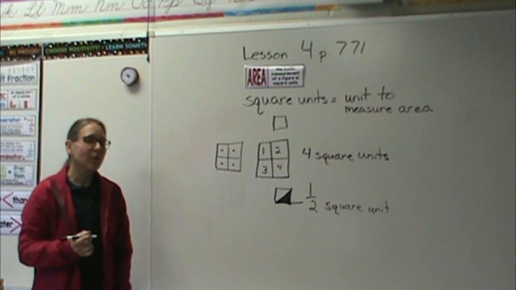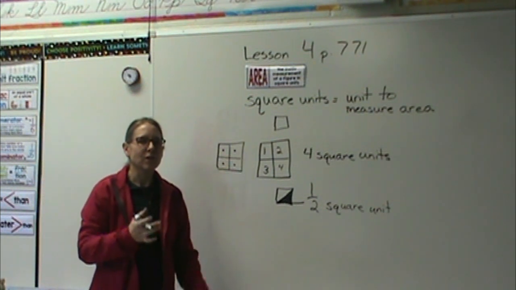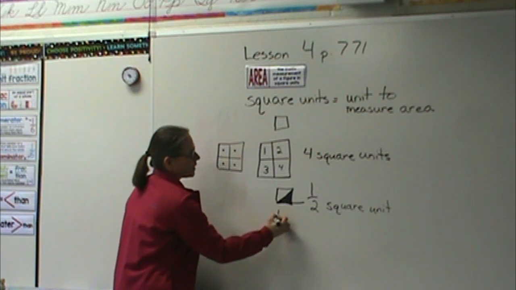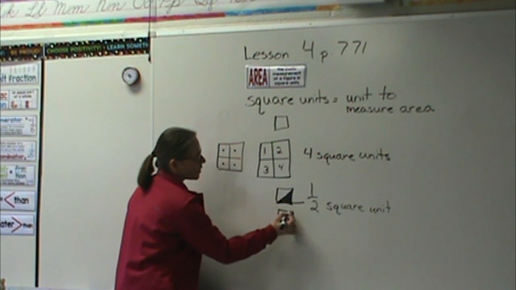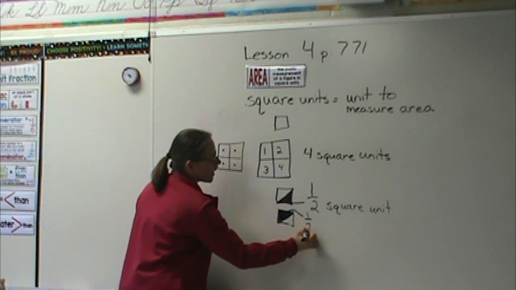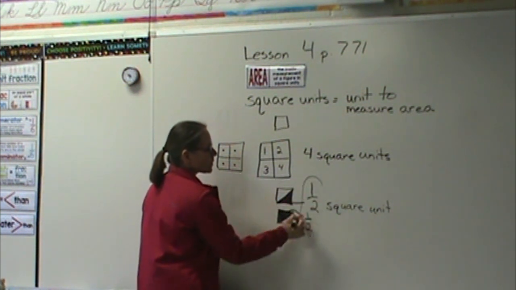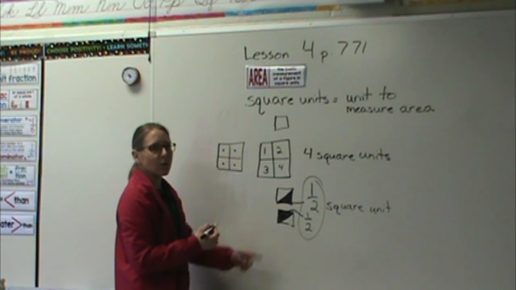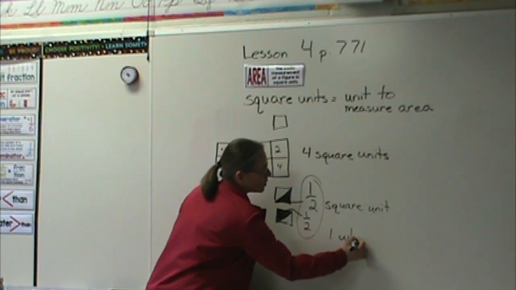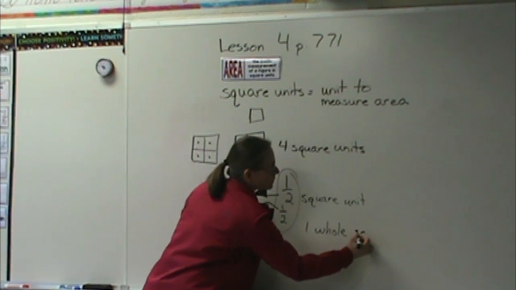If I see 2 halves, I know that 2 halves equal a whole. So if I see this unit, and I see another unit that might look like this, and it's a half also, I can just put a circle around that and know that 1/2 plus 1/2 is 1 whole square unit.